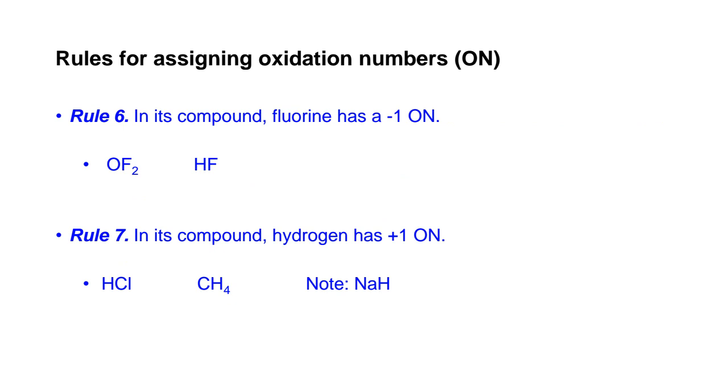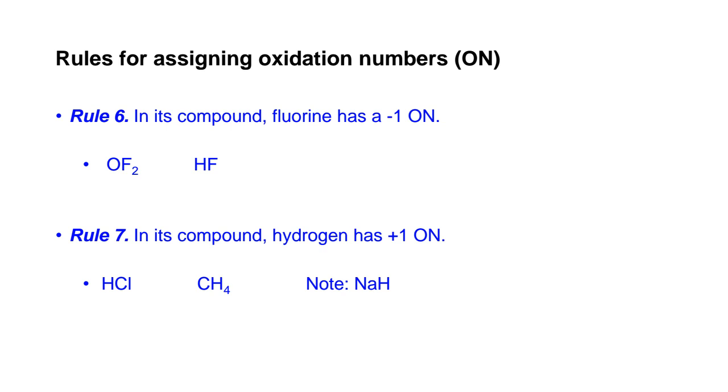Rule number 6 states that the oxidation number of fluorine is typically -1. You will not be surprised, if you remember that group 7A elements tend to form a -1 charge when they form an ionic compound with a metallic element.